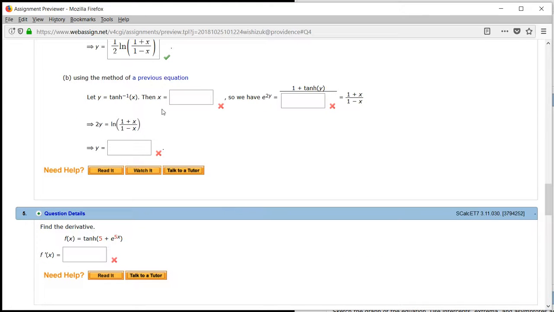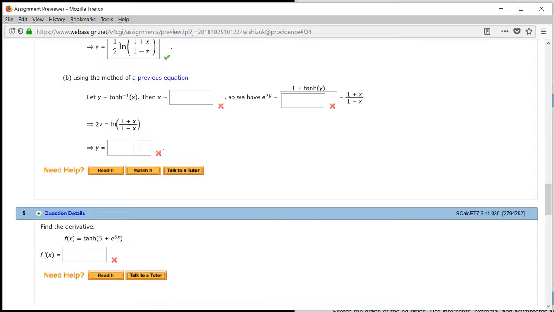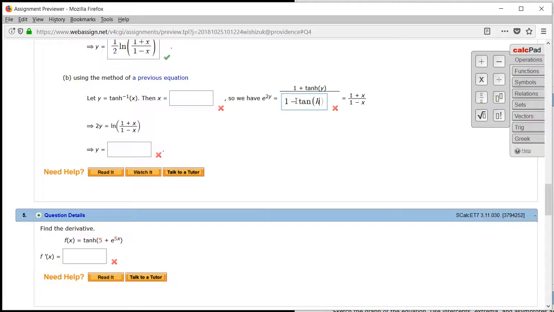Using the method of previous equations. So what's the previous equation? It's 1 plus hyperbolic tan over 1 minus hyperbolic tan equals e to the 2x. Okay, so we're going to use that. So it's going to be 1 plus hyperbolic tangent of y over 1 minus hyperbolic tangent of y.